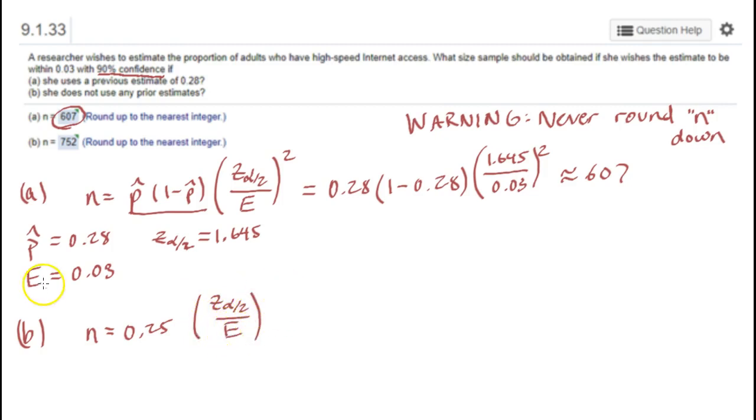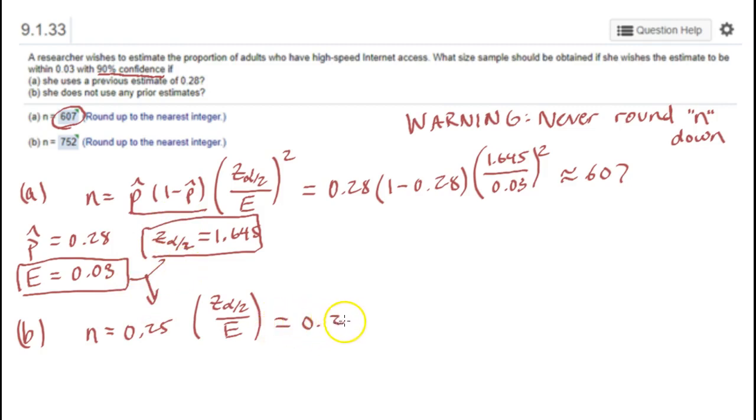Okay, so we just need to use this piece of information and this piece of information down here. And so that's equal to 0.25 times Z 1.645, Z alpha over 2, over 0.03. Let me square that. And that's approximately equal to, apparently, 752.